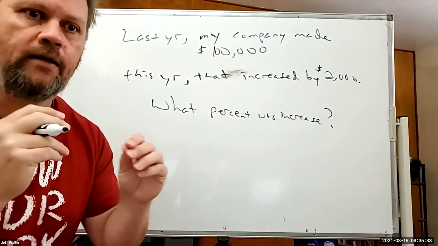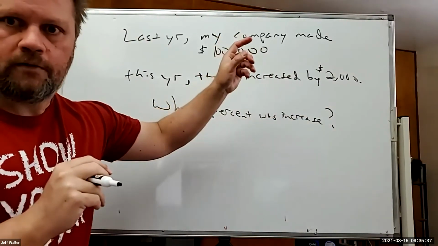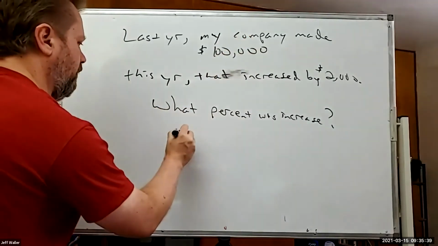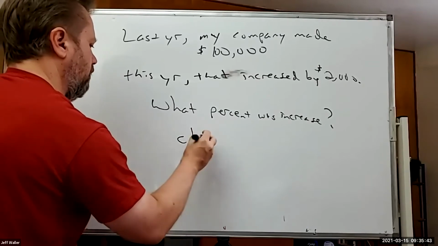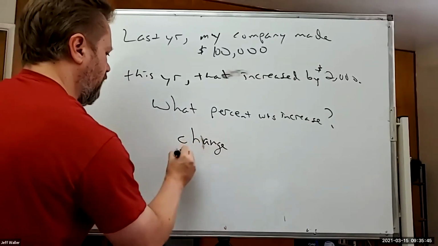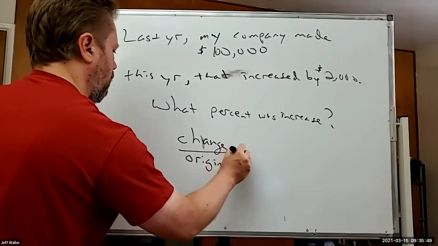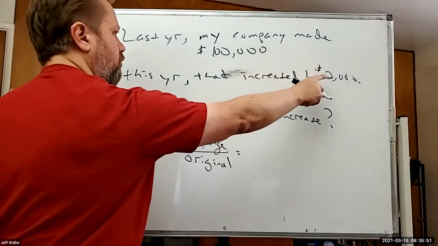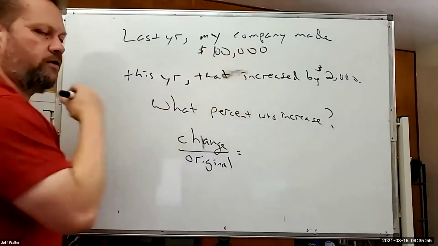Don't you divide the part by the whole, right? Yeah. So in this case, I'm dividing the change, how much it changed by, divided by the original. Does that make sense? So it changed by $2,000 and it started at $100,000.